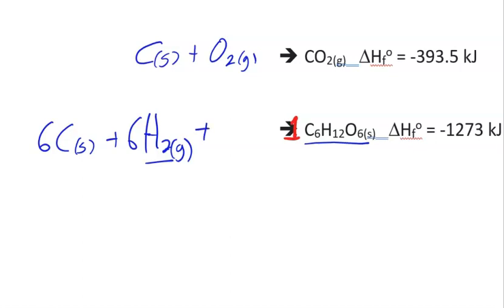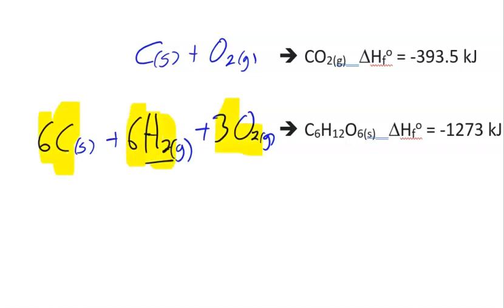And for oxygen, remember oxygen comes as O2. It's a gas at room temperature, and we'll need 3 of these. So 3 times 2 equals 6. Now this is a balanced heat of formation reaction. When 6 moles of carbon and 6 moles of hydrogen and 3 moles of oxygen form 1 mole of glucose or some simple sugar under normal reaction conditions, this is the energy produced.